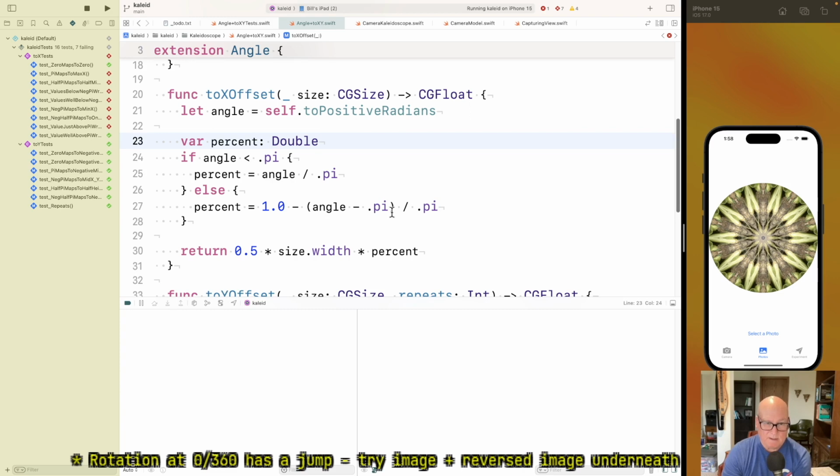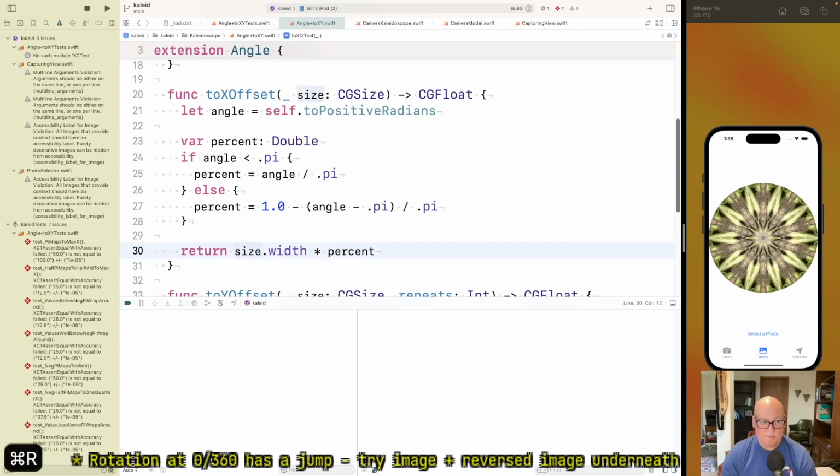Pi minus pi is 0 divided by pi is 0. From 1 is 1. Oh, what's this half? Okay, I see. All right, this will be a simpler formula, I think, in the end. The half made sure we only ever got to the halfway point, so it came back at that. Now I think we'll see white space for half the screen.